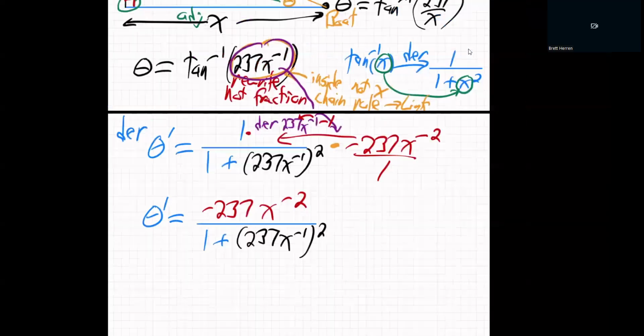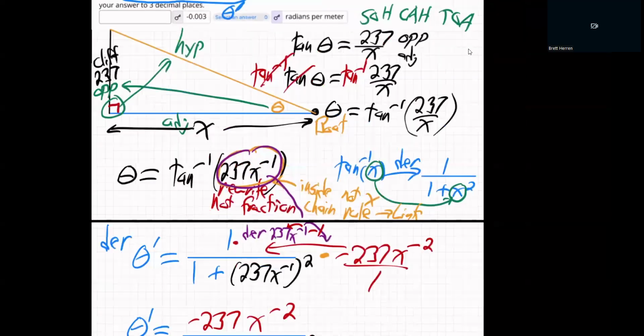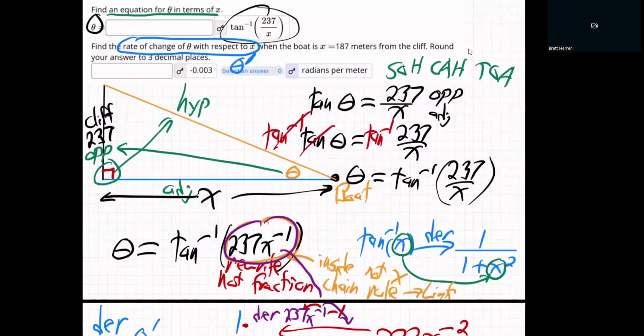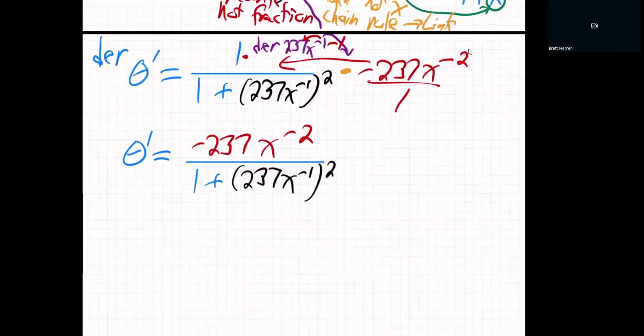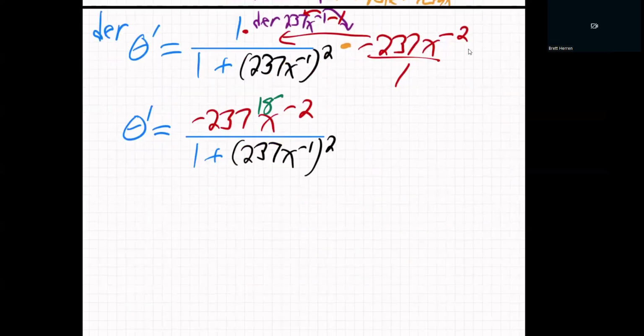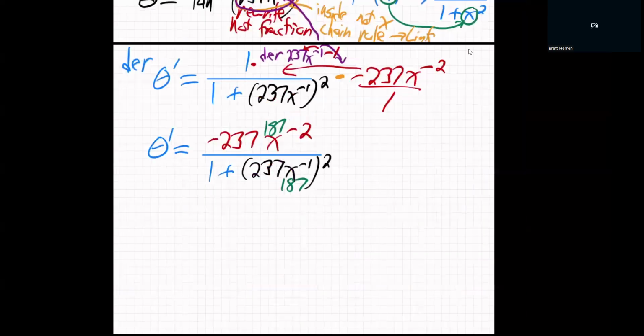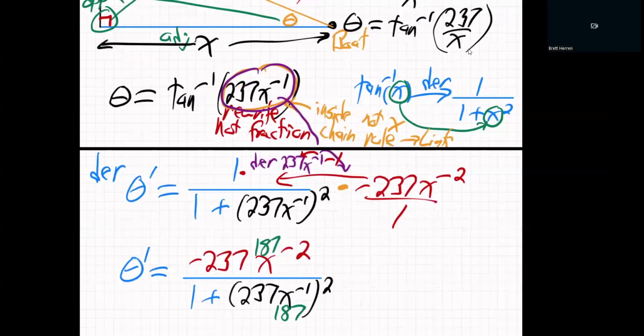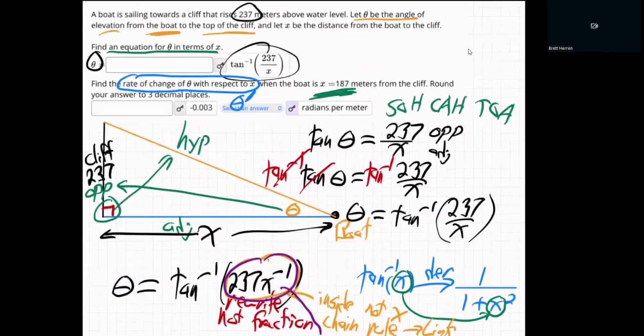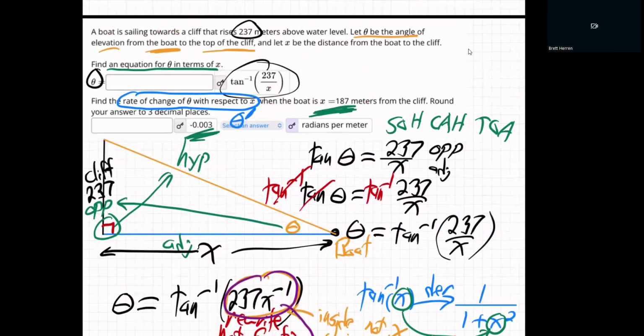So there's the derivative. But now they want us to plug in x is 187. So 187 for x, 187 for x. Plug it in, hit the buttons on your Desmos calculator, and you'll get the answer they got.